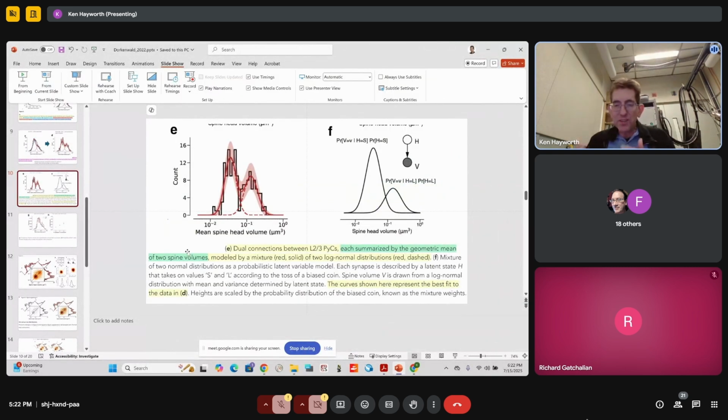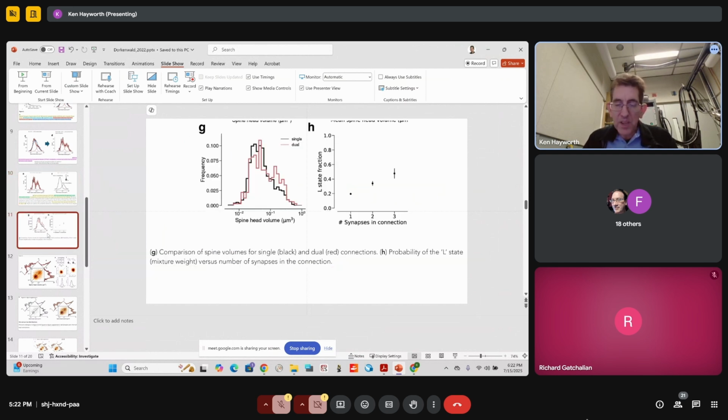But in any case, this binary model seems to fit the data reasonably well.